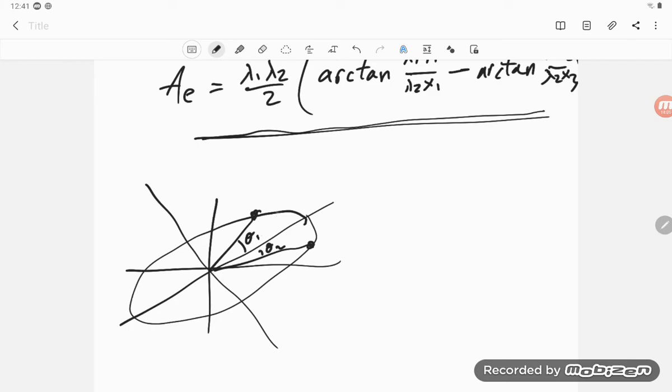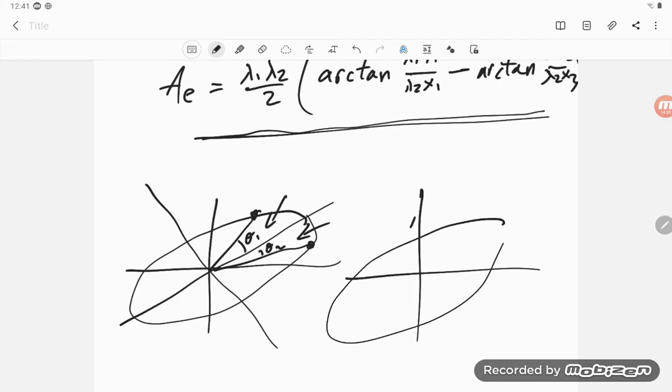Again, if I just know the theta 1 and theta 2, piece of cake, but that's the whole point: I probably don't know theta 1 and theta 2 right off. For instance, let me redraw this.